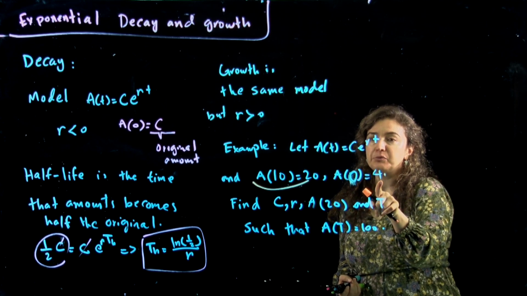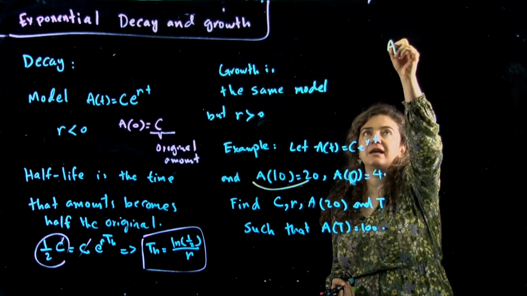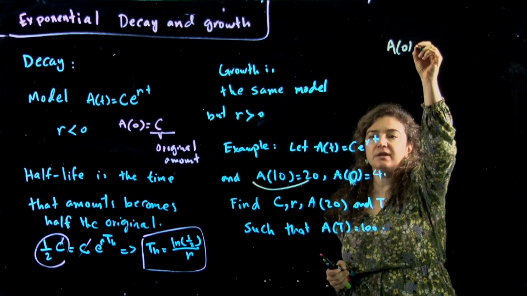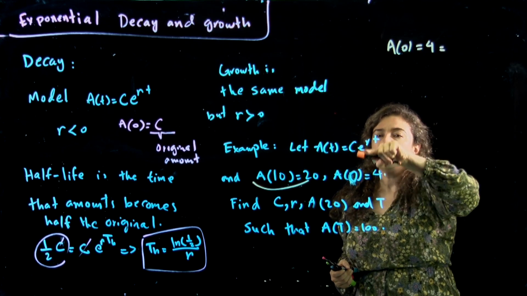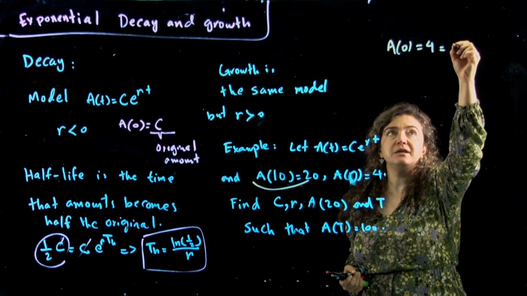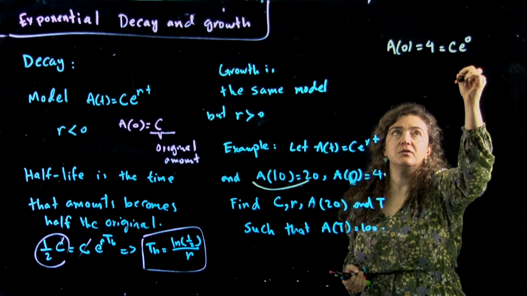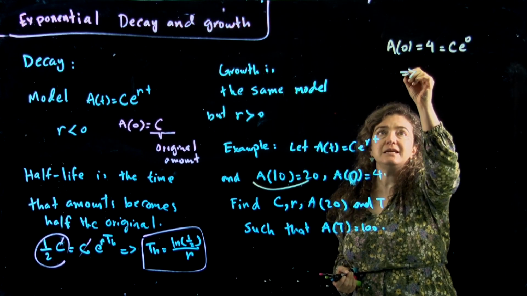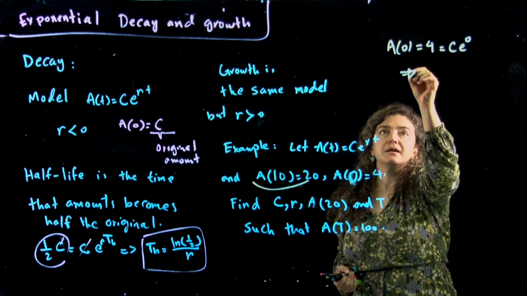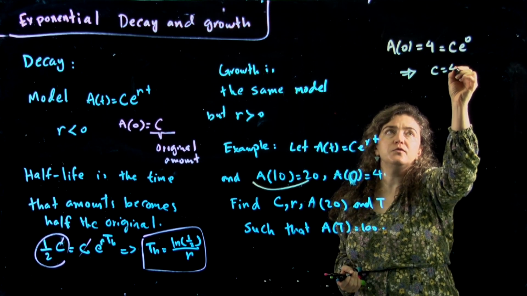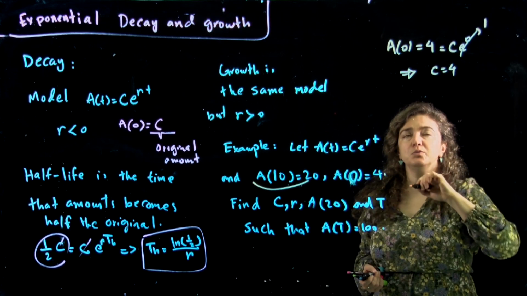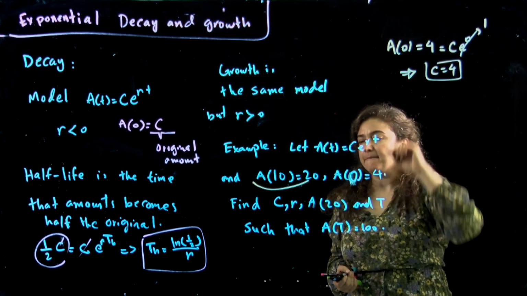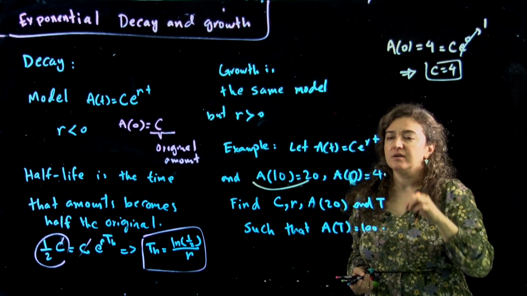A(0) is equal to 4, so I plug in 0 to get c e to the power 0. That means that c is equal to 4, because this part is equal to 1. We found c.